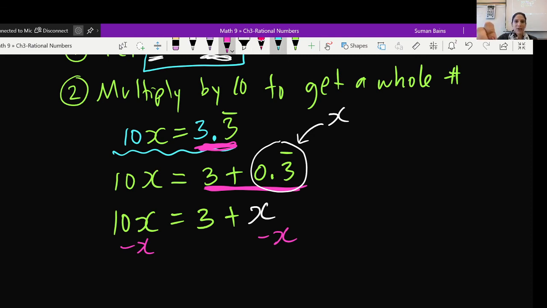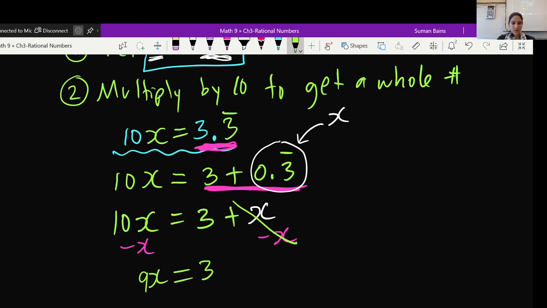So then let's keep track of what's going on here. On the left side, what's 10x minus x? Yeah, 9x. Everybody okay with that? It's like we're counting up how many x's we have. And on the right-hand side, what's 3 plus x minus x? Yeah, the reason we did it is because that's nicely going to cancel, so it's just equal to 3.